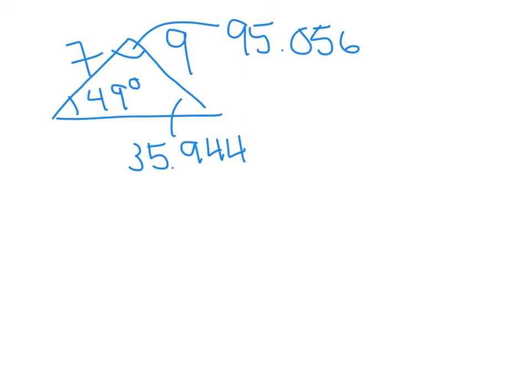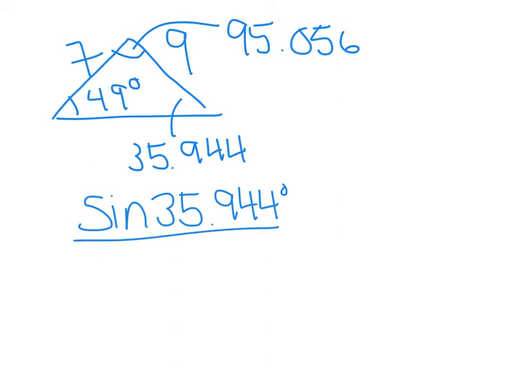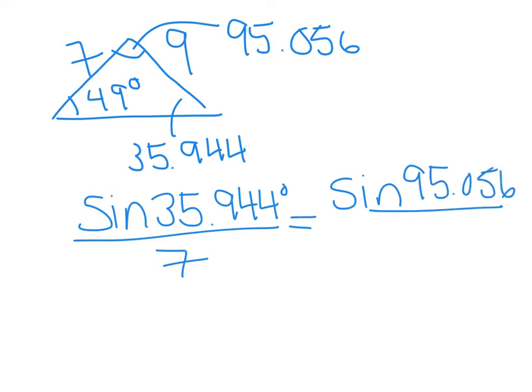Okay, so I'm going to do sine of 35.944 degrees over 7 equals sine of 95.056 over c. You're going to cross multiply this. When you cross multiply, you should get that your little side c equals 11.879.